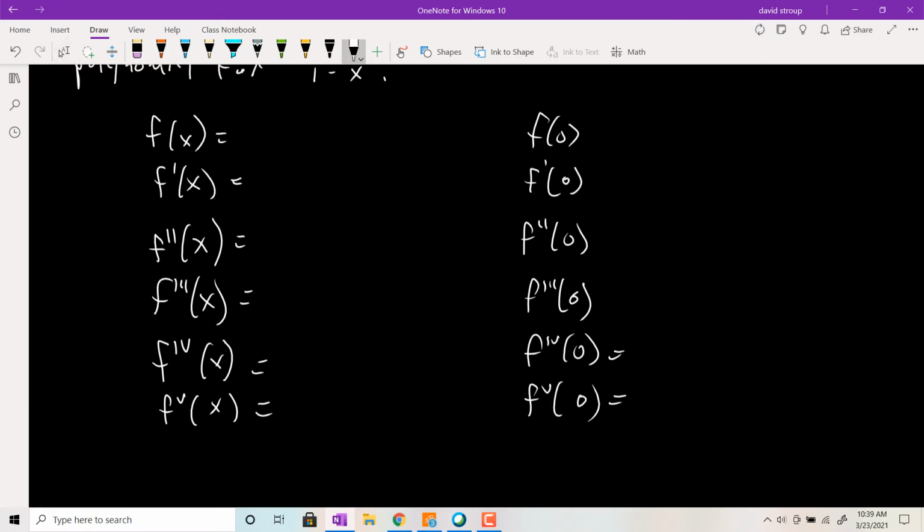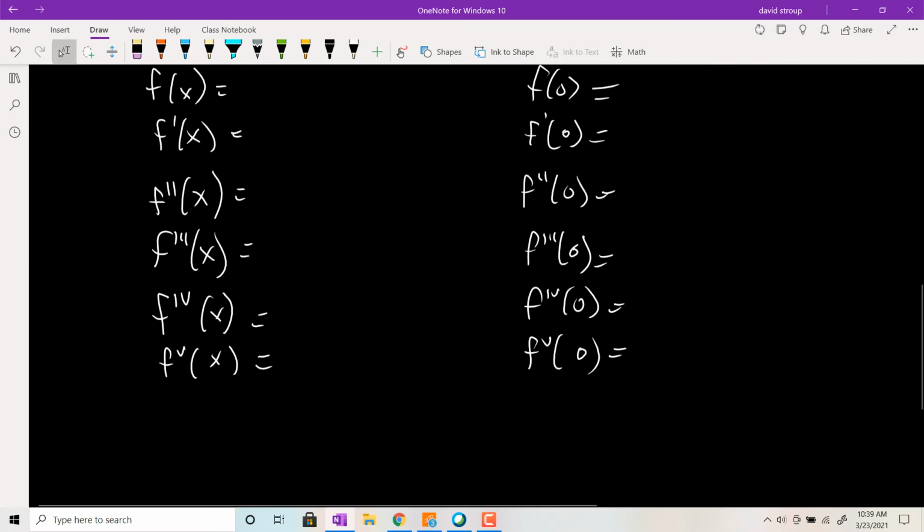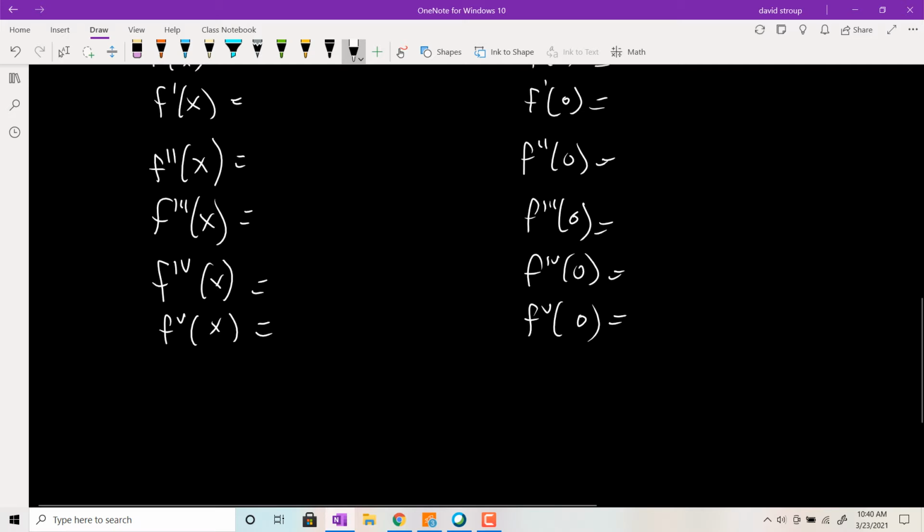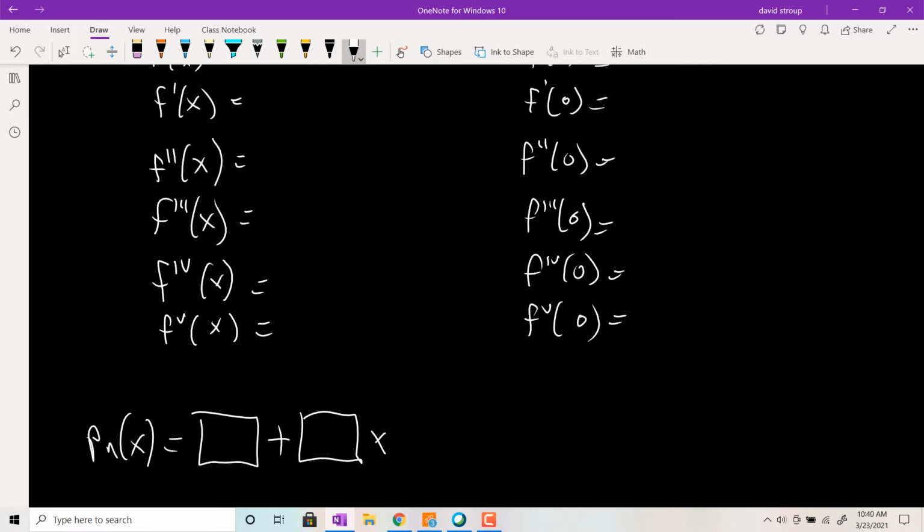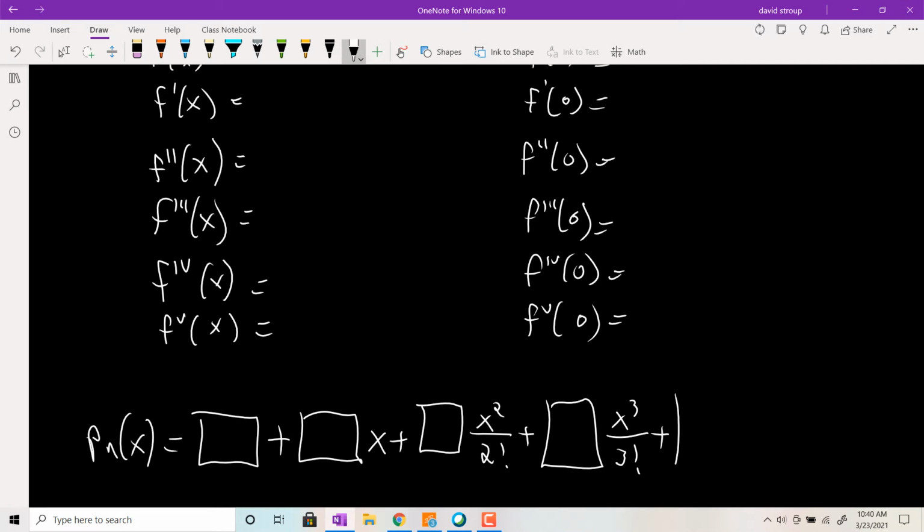Of course, once we get all of that, we take the second column, the outputs of that second column, and put them into our polynomial. So the way it would work, you could just fill in the boxes: blank plus blank x plus blank x squared over 2 factorial plus blank x cubed all over 3 factorial plus blank x to the 4th over 4 factorial, on and on up to blank x to the n over n factorial.